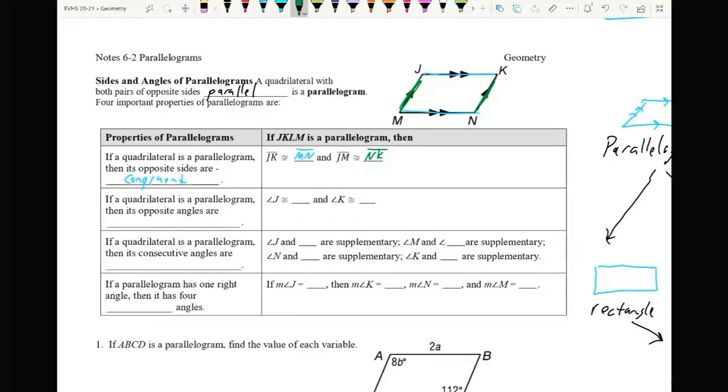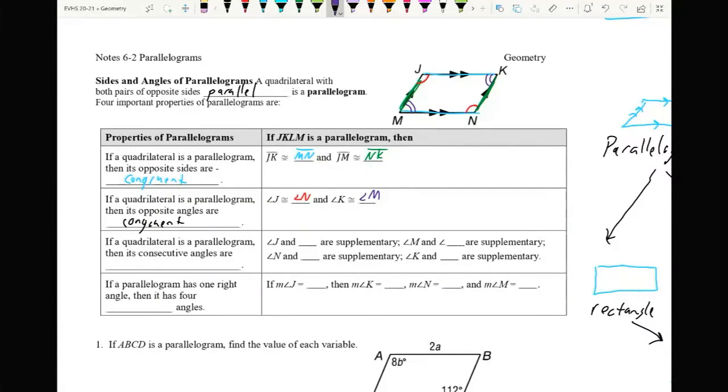Okay, also on a parallelogram, the opposite angles are also congruent. So up here, I know that angle J is congruent to angle N. And I also know that angle M is congruent to angle K.